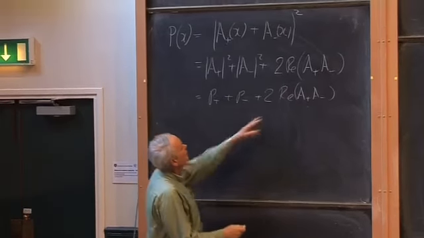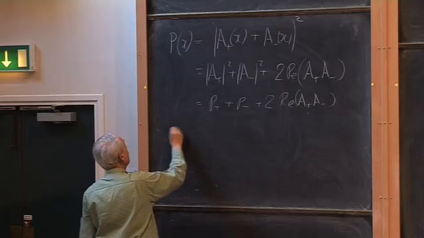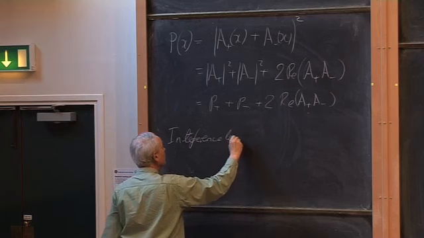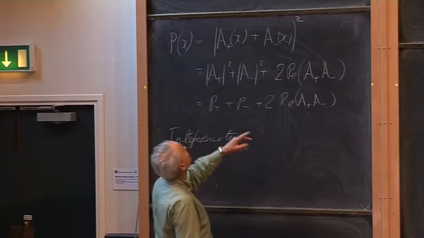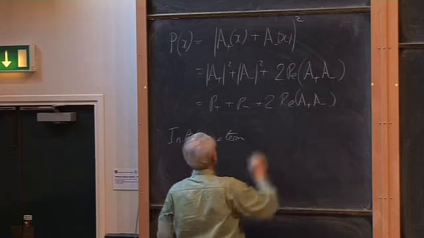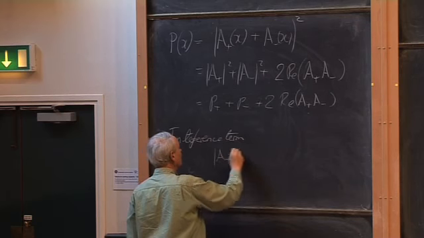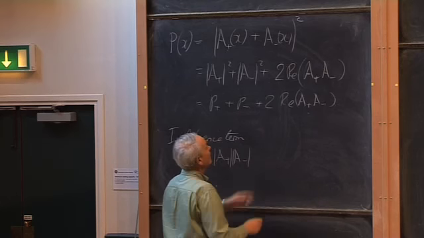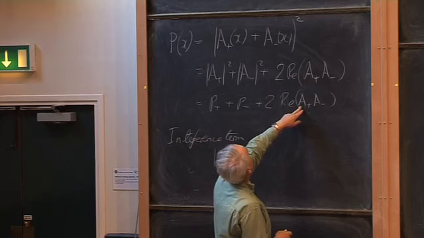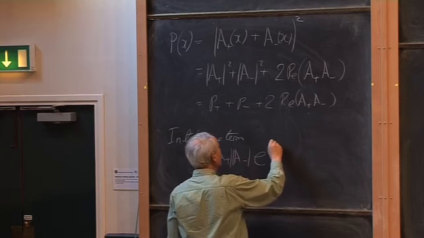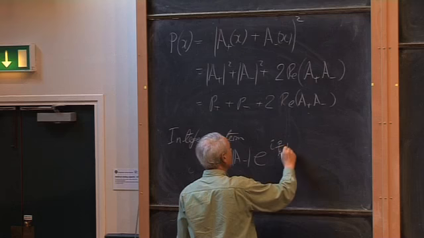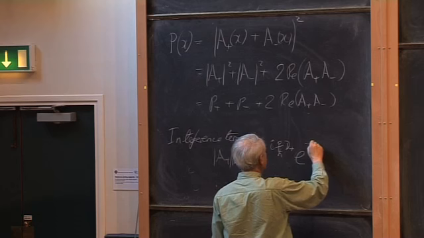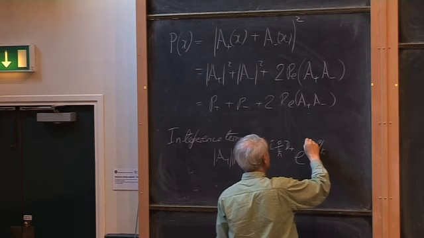So what is this quantum interference term? The interference term is going to be mod A plus, mod A minus, not very interesting. And the crucial thing is that this one is going to be e to the i p upon h bar d plus, and the other one's going to be e to the minus i p upon h bar d minus.